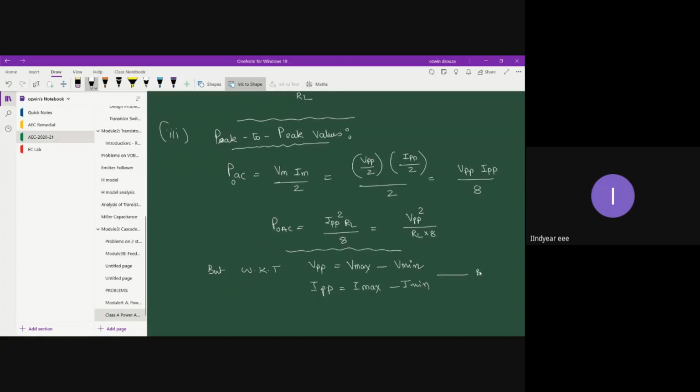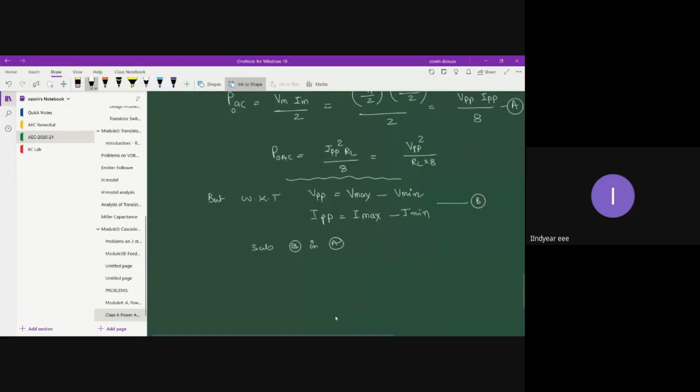Okay, say this is B and say this is A. So what you can do is substitute B in A. When you substitute equation B in equation A, you will get a very typical form of AC power, which is P naught AC is equal to Vpp, what is Vpp? Max minus min, into I max minus I min divided by 8.